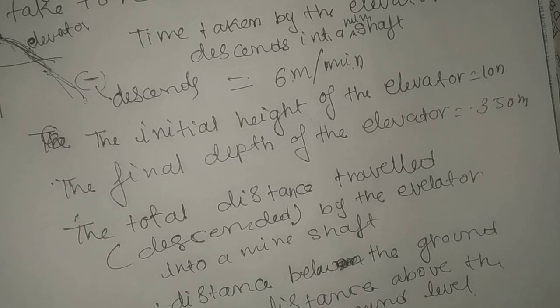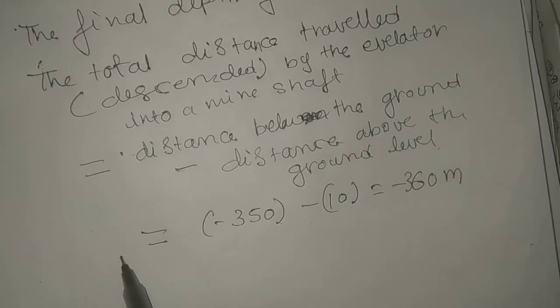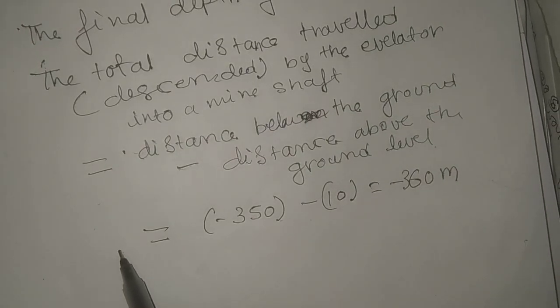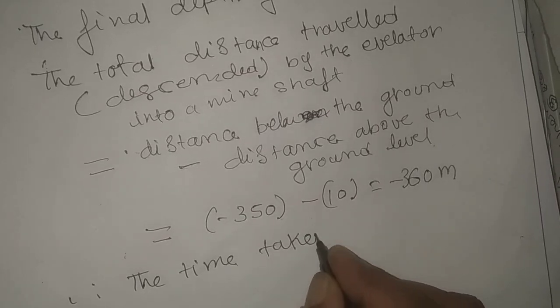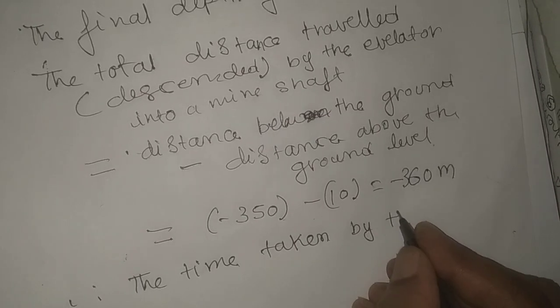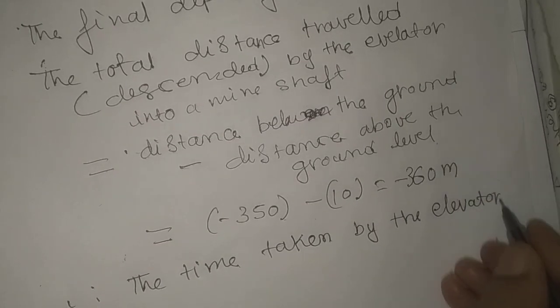We are given negative or positive. I will just see. It is given as 6 meters per minute. So finally we have to calculate the time taken by the elevator to descend.